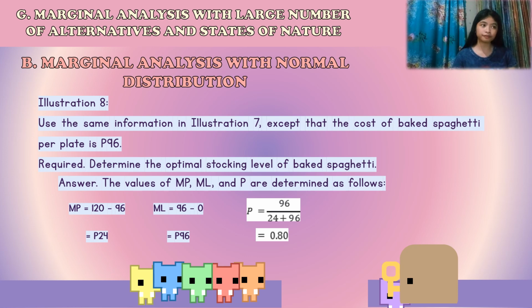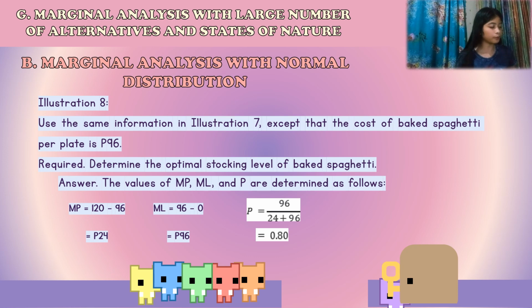On the other hand, in order to compute for ML or marginal loss, we just have to deduct the SV to the cost per plate. So, 96 minus 0 is equal to 96. And para na-compute natin yung value of normal distribution, again, we just have to add the amount or value of ML and MP.